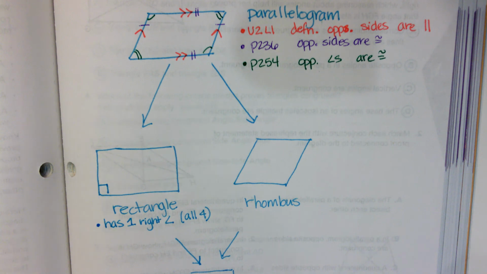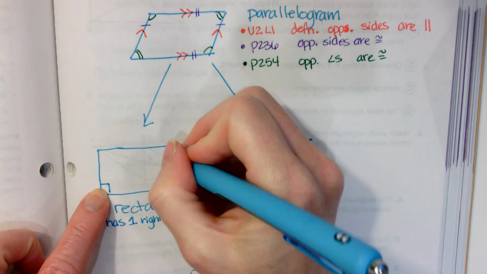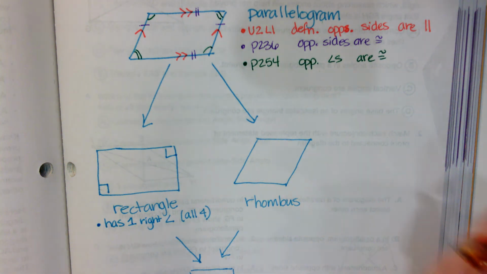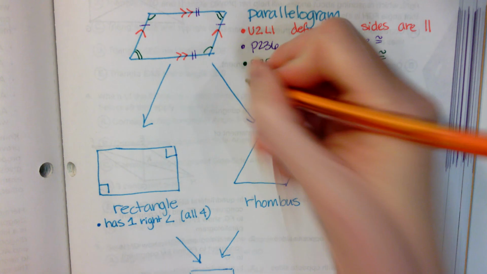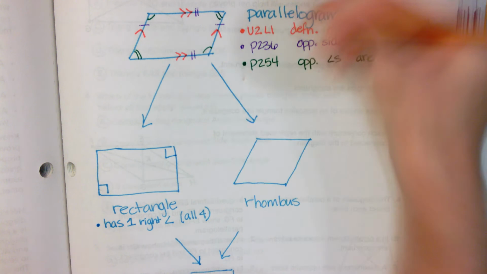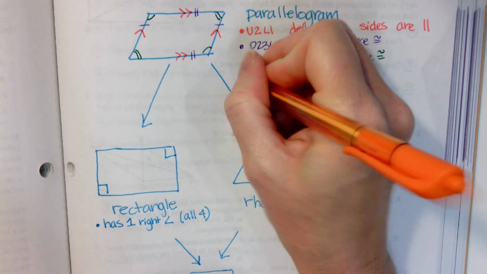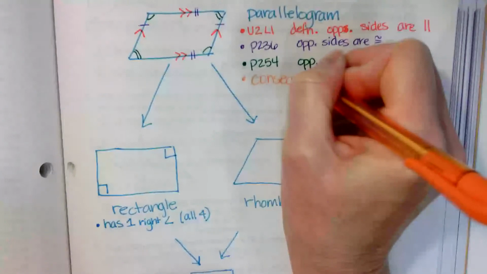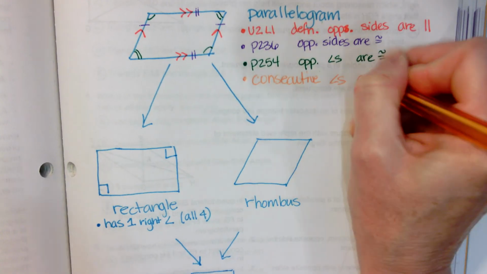So first of all, definitely the one opposite it is a right angle. This is now going to bring in another property that you and I haven't looked at so far this year, and that's consecutive angles are supplementary. So let's write down that my consecutive angles are supplementary.